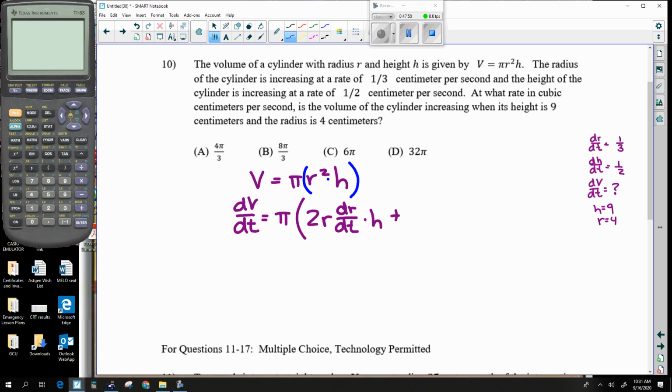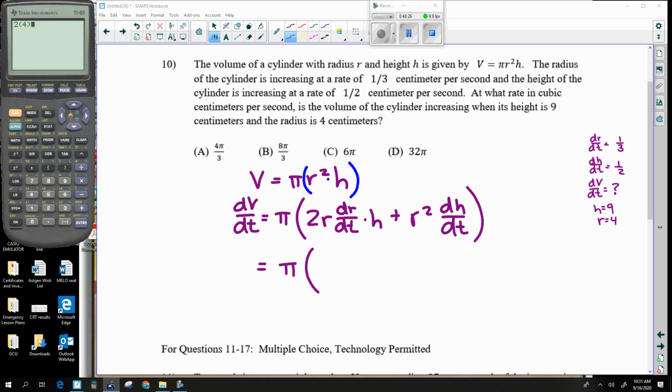Plus, leave the first part alone. Derivative of the second, derivative of h is dh/dt. And that's that. All right. So again, we have enough information to plug and chug right now. So let's just go. I know I'm not supposed to use my calculator, but this is just two simple calculations.